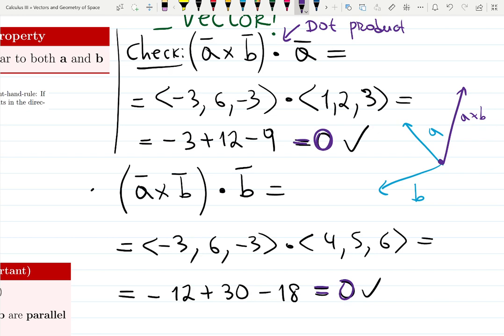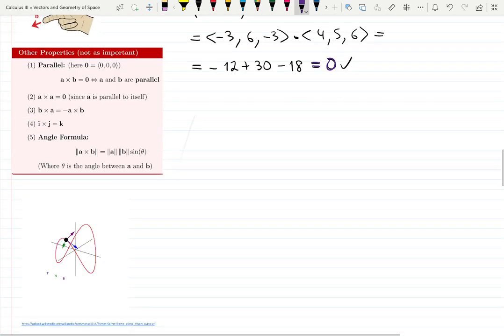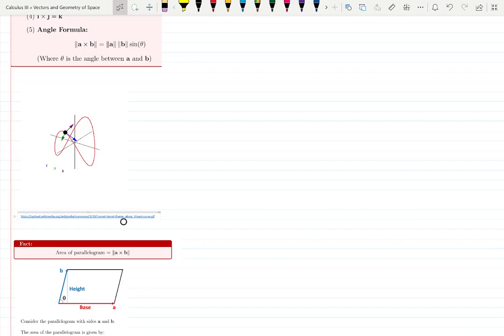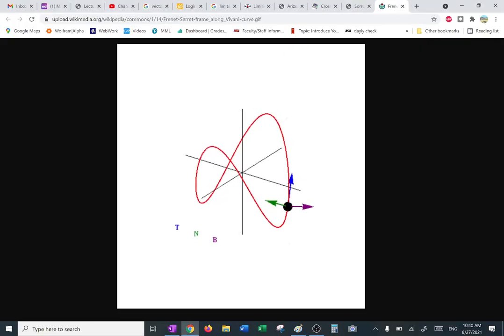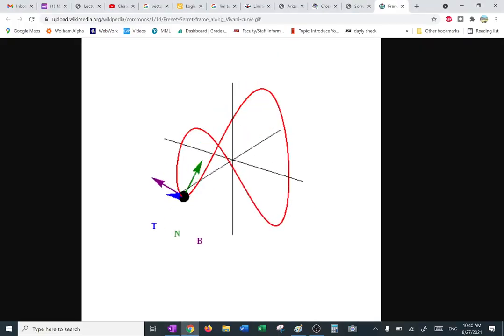Because two vectors create a plane, I can always take it and smash it on the wall. But they're actually in the air, in 3D. The animation I have is here. Yeah, perfect moment. This is exactly what's happening. A and B are floating, and we're creating a third one, the cross product.